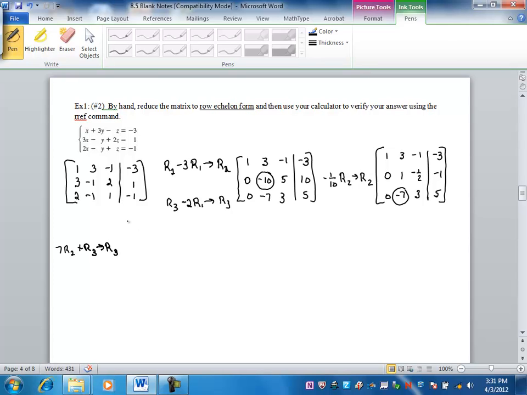So here's what's going on. Row 1 stays the same. 1, 3, negative 1, negative 3. 0, 1, negative 1 half, negative 1. And then, now here comes our change. 7 times 0 is 0, plus 0, still 0. 7 times 1 is 7, minus 7, 0. 7 times negative 1 half is negative 7 halves, plus 6 halves is negative 1 half.